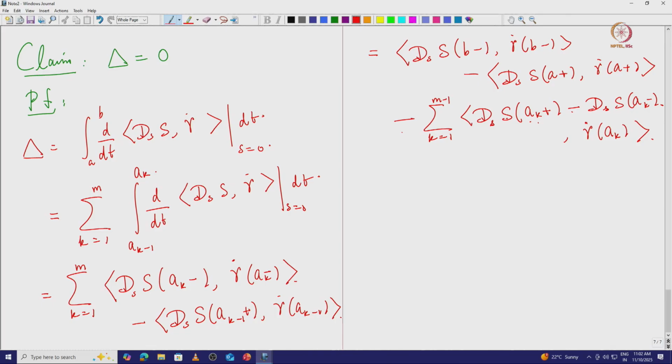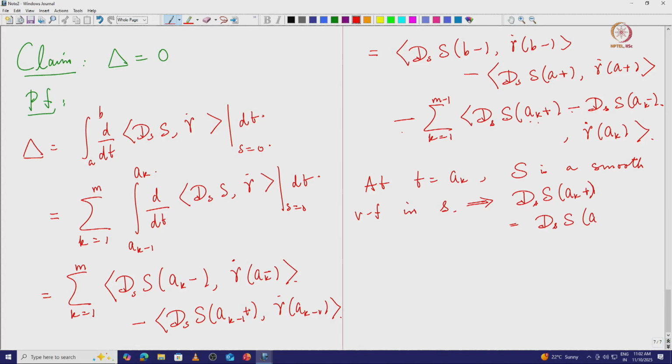But now notice that at t equals ak plus and at t equals ak minus, S is actually a smooth vector field in the variable little s, right, which means that this is the same as this, okay.